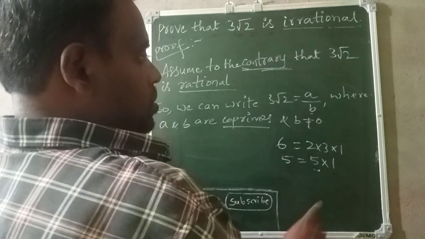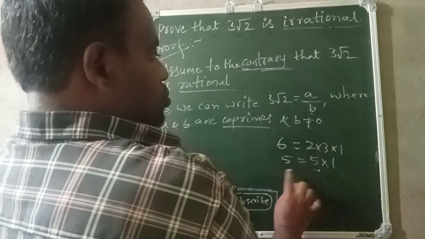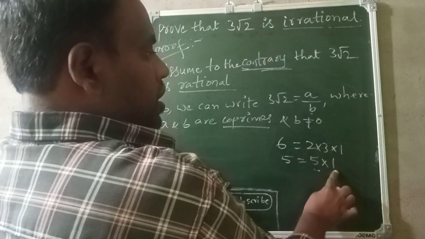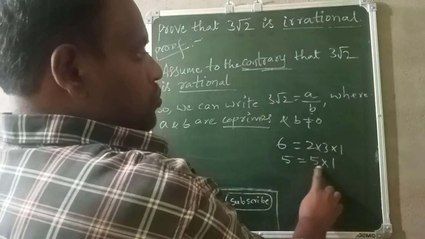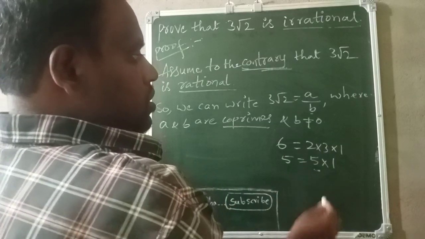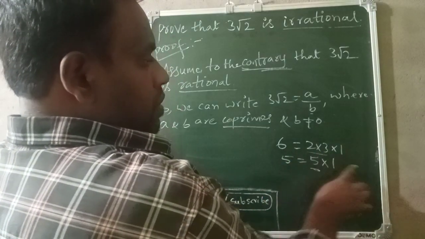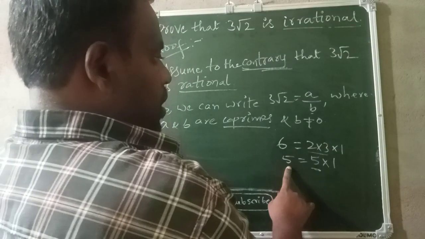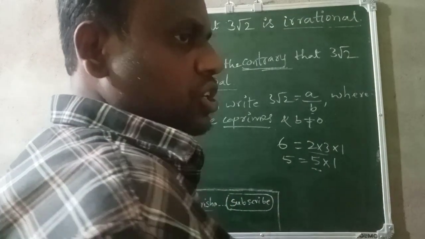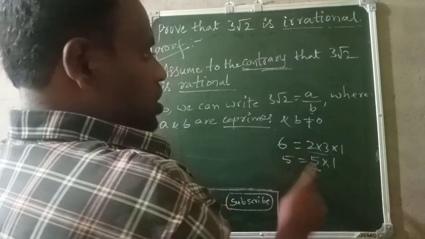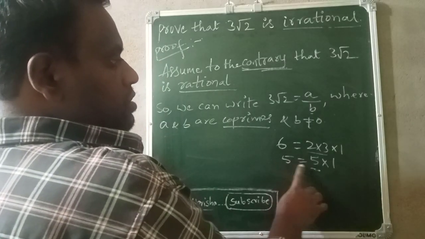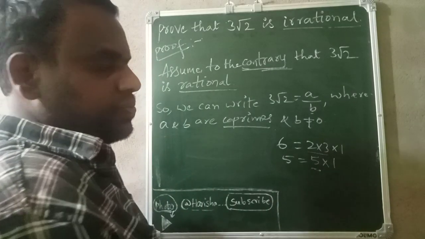Here also, if you don't write 1, it is 5; if you write 1, no problem, 5 into 1 is only 5. With 5 we cannot take another prime number, because if you take any other prime number the value changes. So 5 is equal to 5 into 1 we can write.